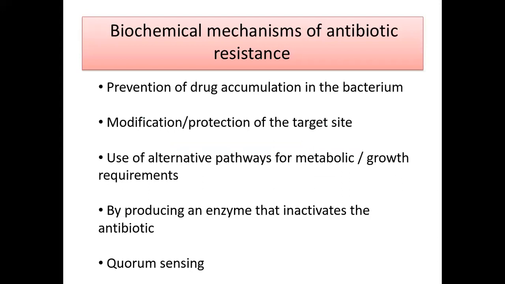Use of alternative pathways for metabolic or growth requirements. What is the use of the alternate metabolic pathway? See, in our body there are different types of metabolic pathways. What are those pathways? If we say TCA cycle, glycolysis, Krebs cycle, and certain amino acid biosynthesis, nucleotide biosynthesis, so many pathways are there, right? Gluconeogenesis or some. So they all are metabolic pathways, right?